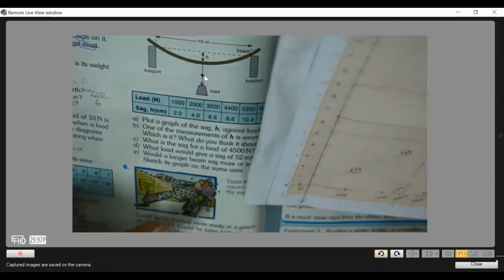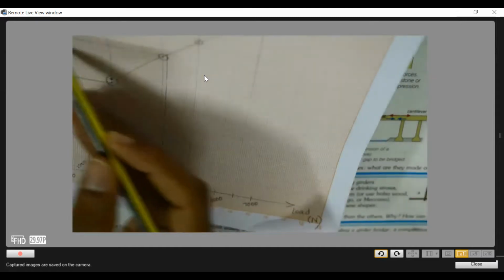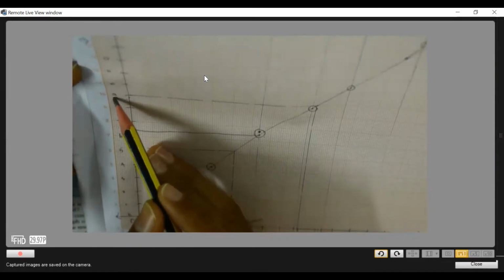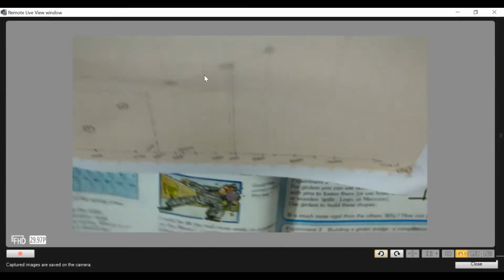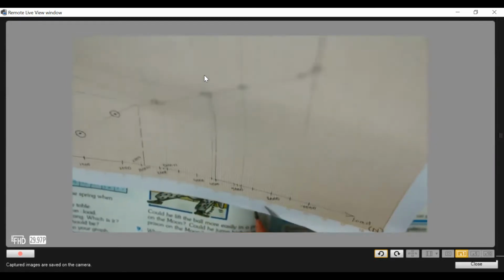Okay. What is the sag for a load of 4,500 Newton? So you plot against 4,500 Newton, look for the corresponding value, and it is 9. 9 centimeter is the sag. Okay. Then next part, what load would give a sag of 52 millimeters? Now they tried to trick you.